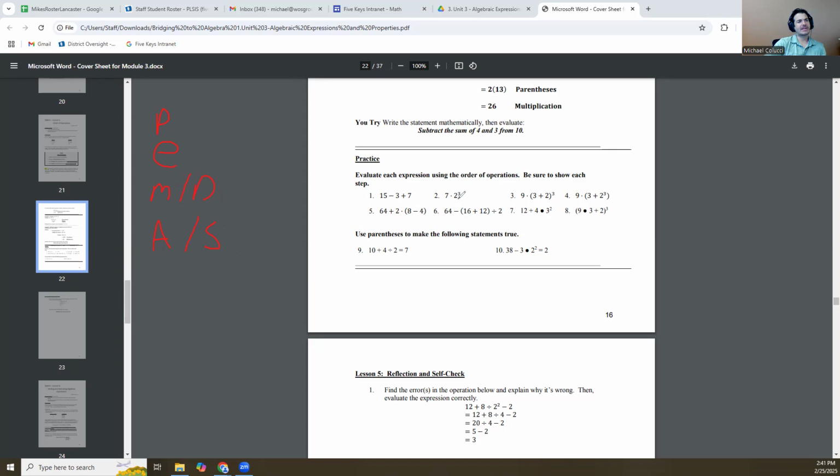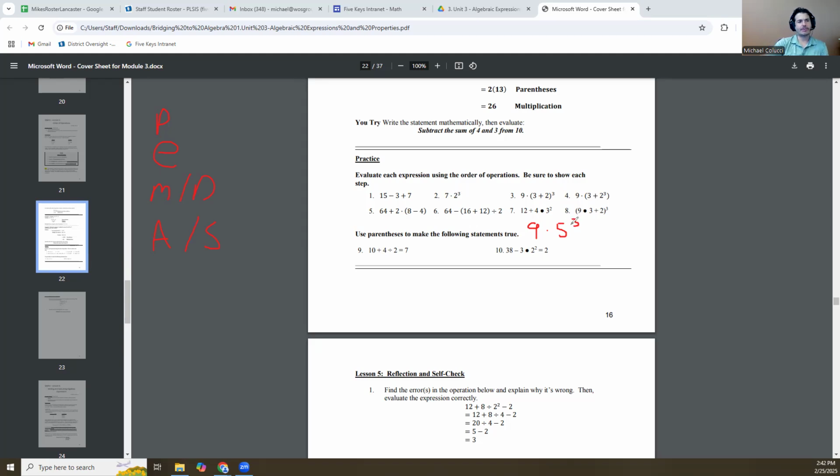This one, I have 7 times 2 to the third power. I want to do my exponent before I multiply and divide. So this becomes 7 times 8. That's 2 to the third power. And that equals 56. In this case, I want to do my parentheses first. So I have 9 times 5 to the third power. And then I go back to the same way I did number 2.